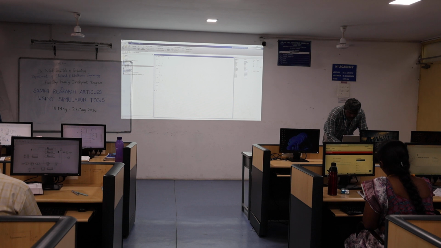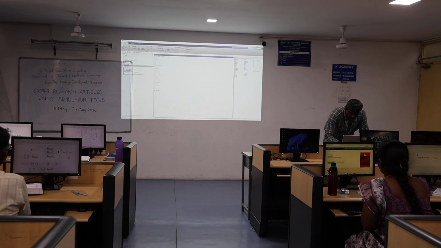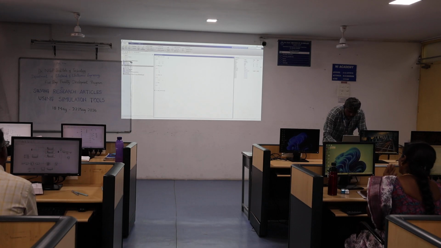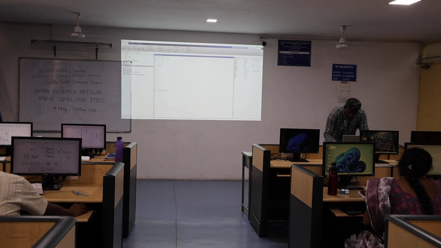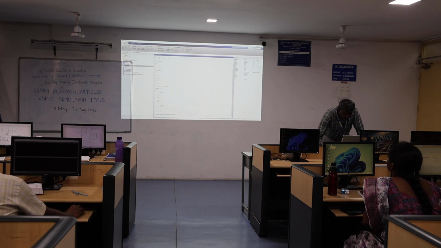So next you can form the SYS, some system, SS. So then SS state space A comma B comma C comma D. Right, you will get the A matrix and B matrix. Next you can convert to the transfer function.